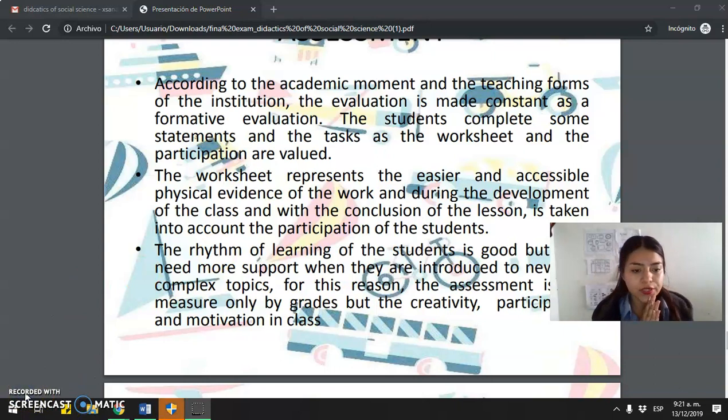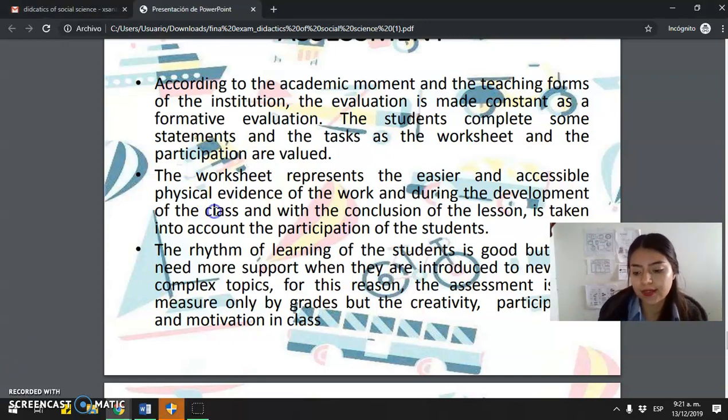All these things considering that the rhythm of the learning of the students is good, but they need more support when they are introduced to new and complex topics. For this reason, the assessment is not measured only by grades, but by creativity, participation, and motivation in class.